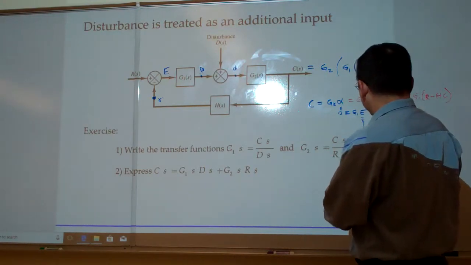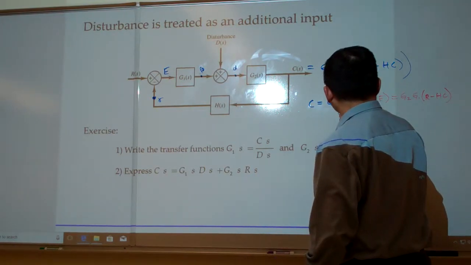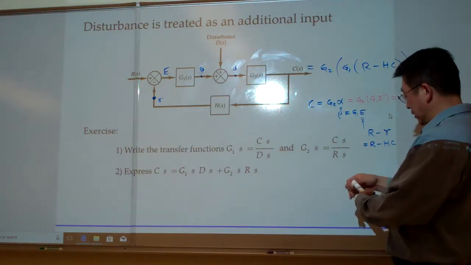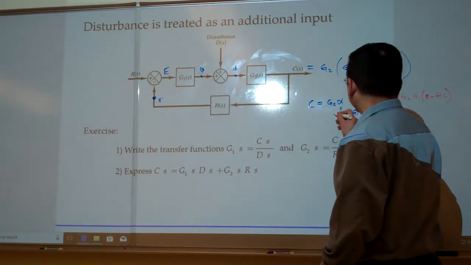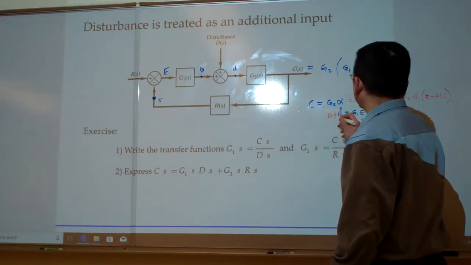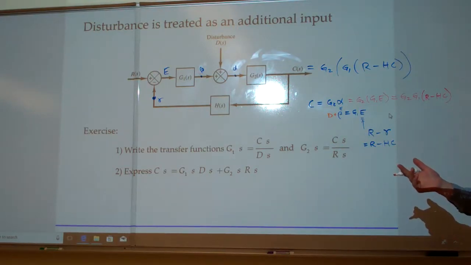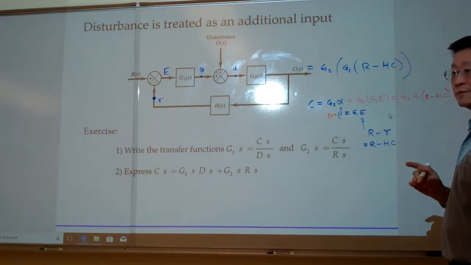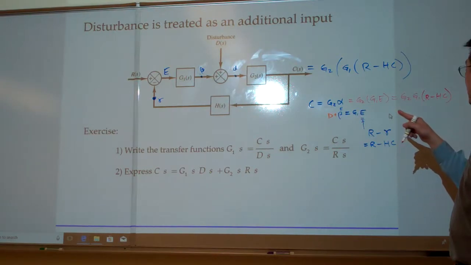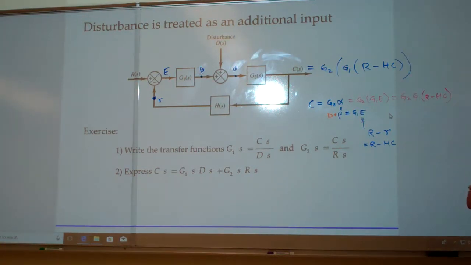Let me write it out completely. By including D, D should be added up here. Right? So assuming D is not equal to 0, we're putting D here. That means we need to modify it in this way. Let me rewrite again.